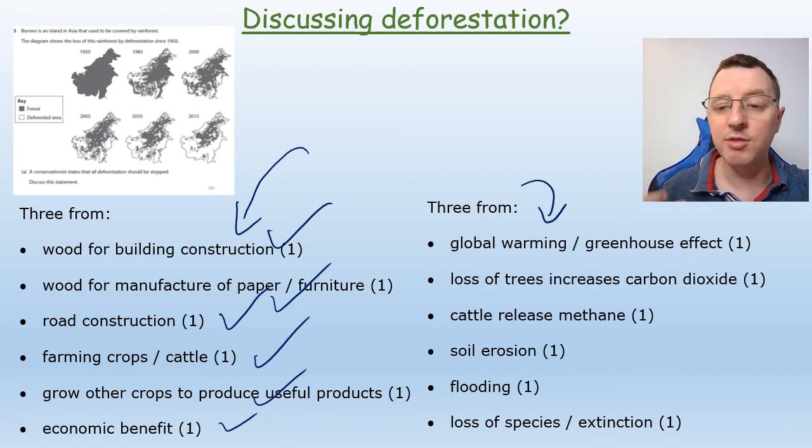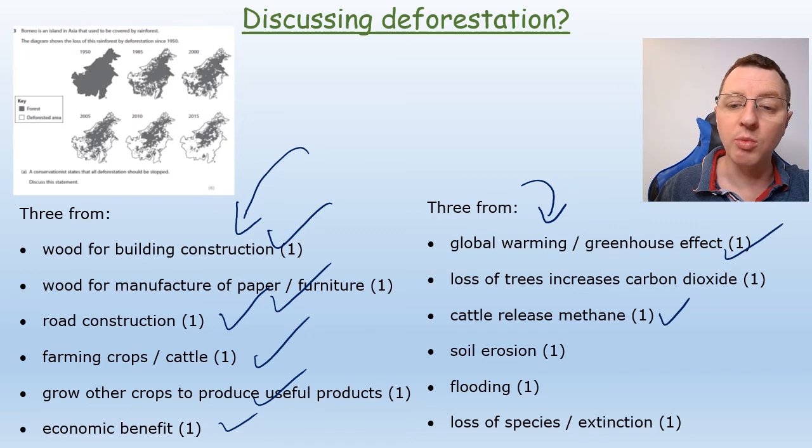Global warming: deforestation leads to global warming and the greenhouse effect. There is a loss of trees, which will increase carbon dioxide in the atmosphere. If you cut down trees for cattle farming, then the cattle are going to release methane, which is a greenhouse gas, and again will end up in the atmosphere, increasing global warming.